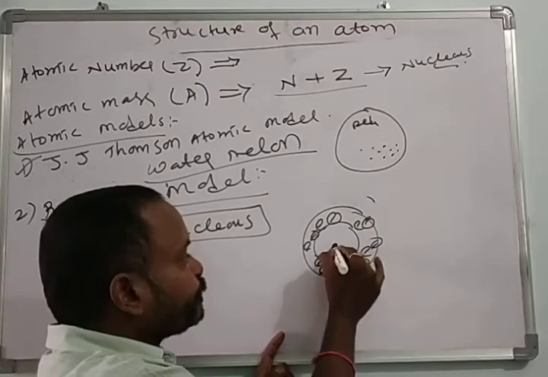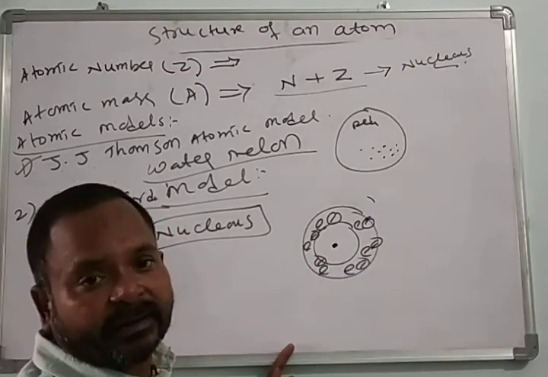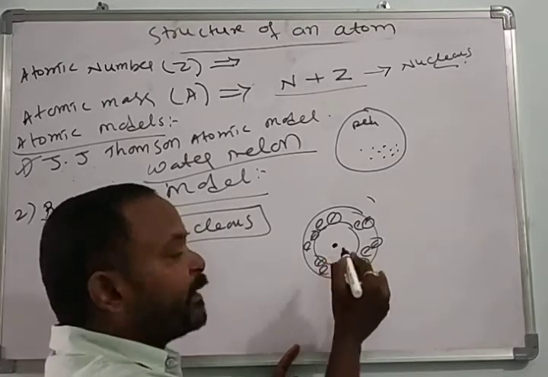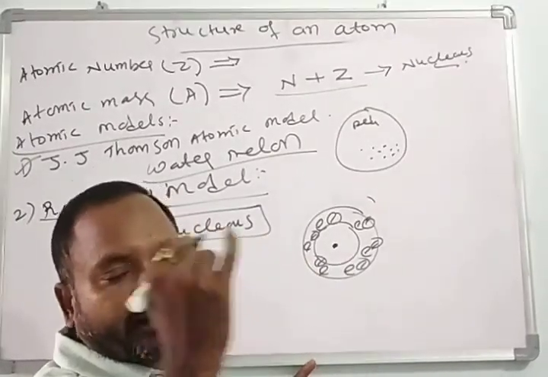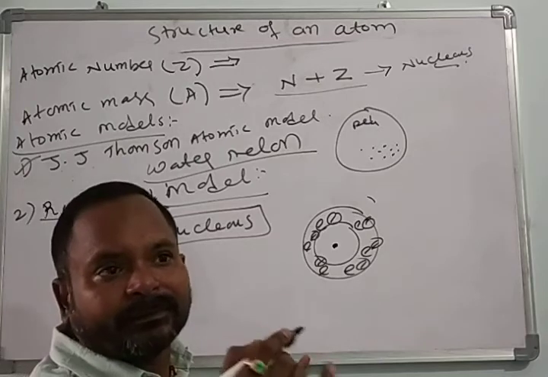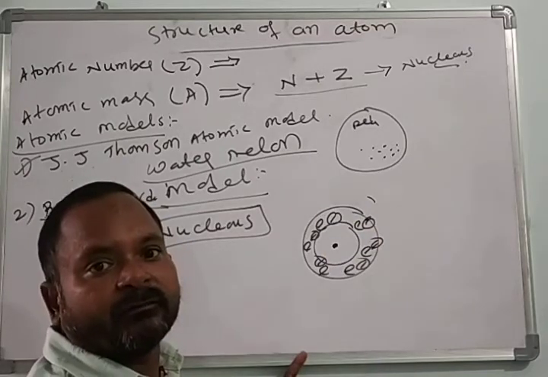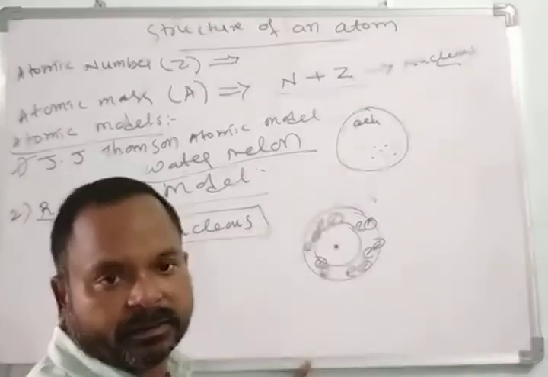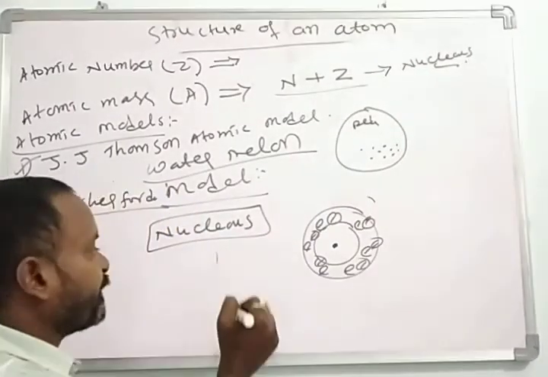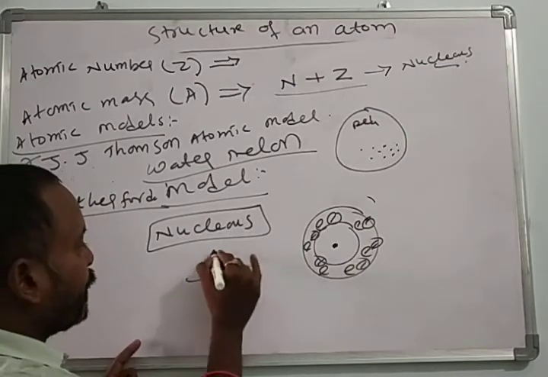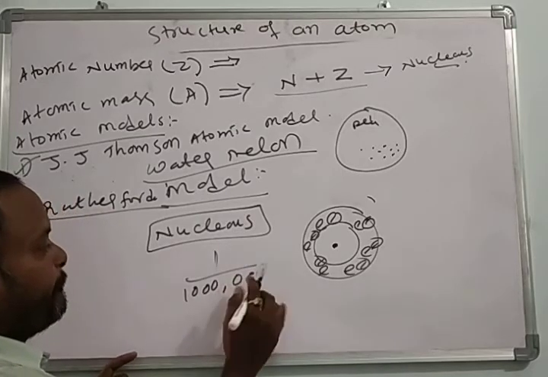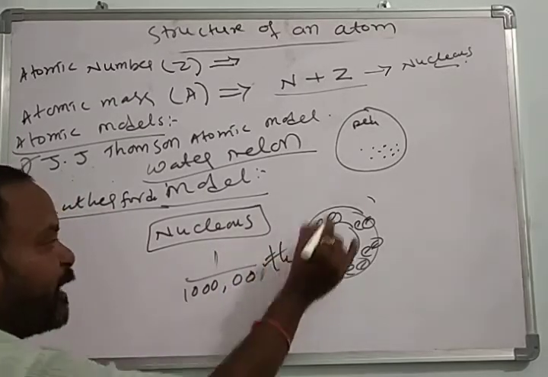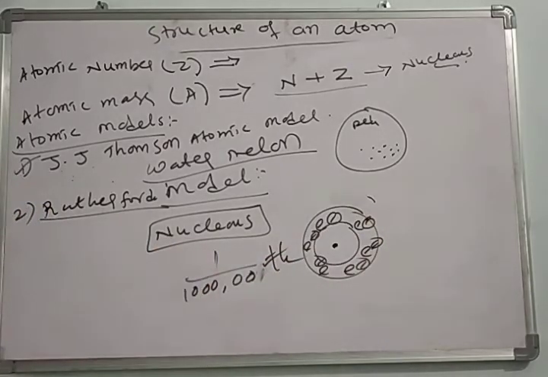And one more thing, comparing the size of the nucleus with the size of the atom, the size of the nucleus is negligible. Suppose the size of an atom is 1, then the nucleus is nearly 1 by 1 lakh parts of that size. This is just the introduction of the Rutherford model.